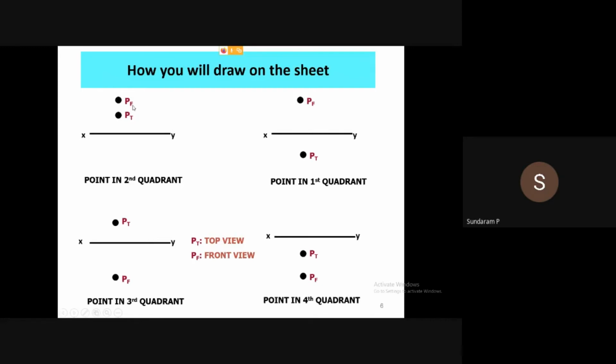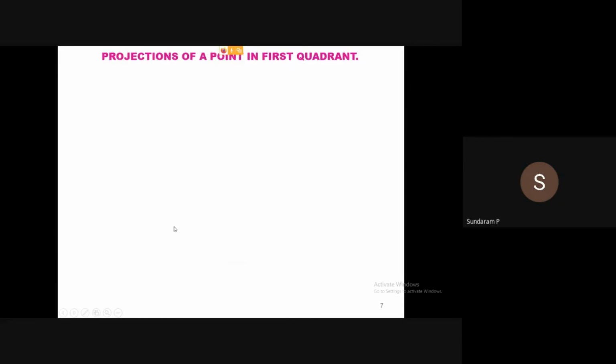F indicates the front view, with the point as the object. We get the front view and top view of the point above the XY line, and here we get them below the XY line in the fourth quadrant. In the first quadrant, the front view is above the XY line and the top view is below the XY line. Similarly, in the third quadrant, it is reversed: the top view is above the XY line and the front view is below the XY line.